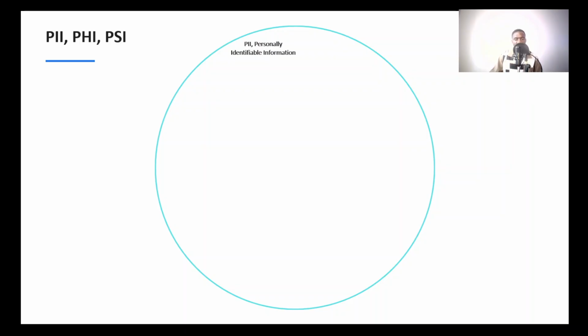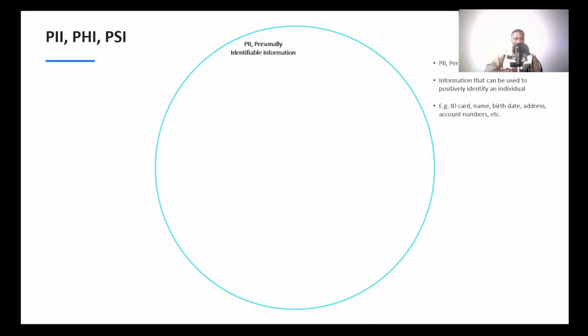This is personally identifiable information, and it is any information that can be used to positively identify an individual. So, for example, an ID card, like a picture of the ID card, their name, date of birth, place of birth, address, account numbers, etc.